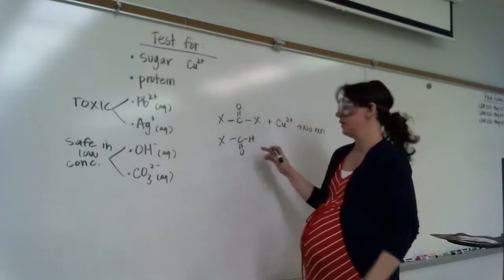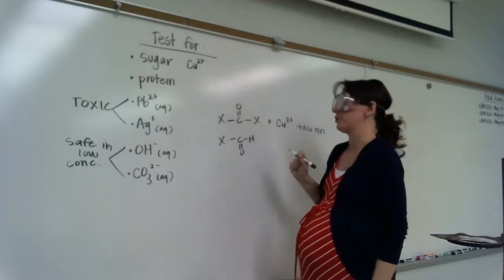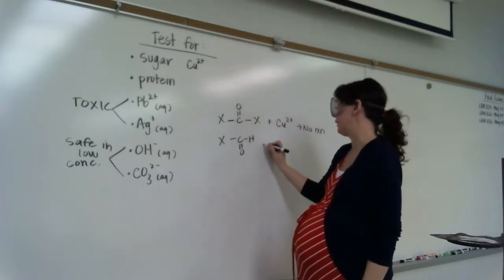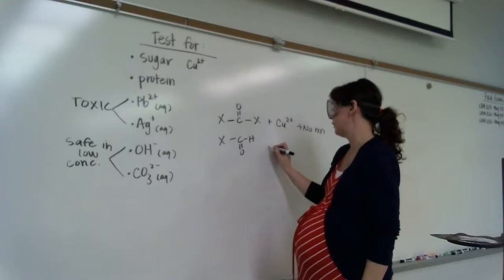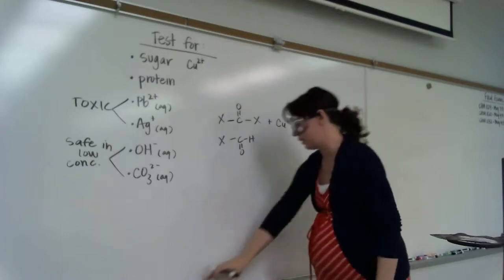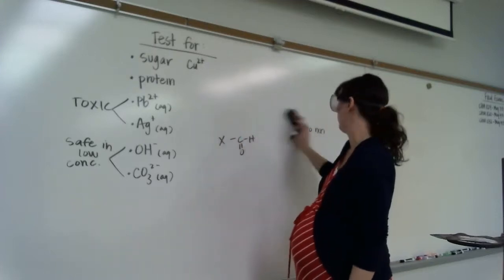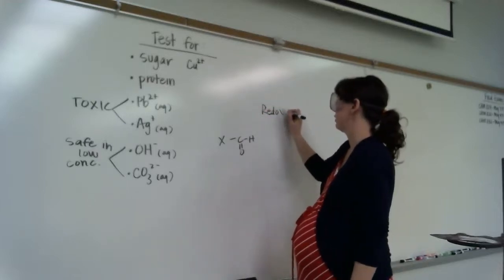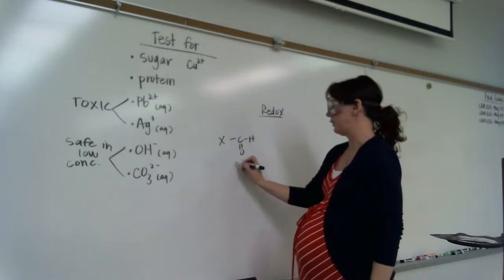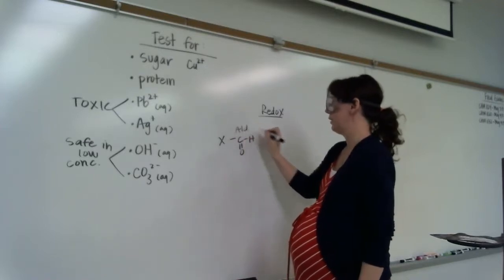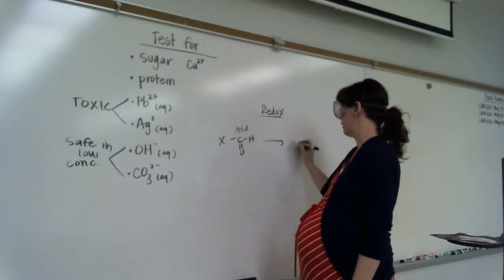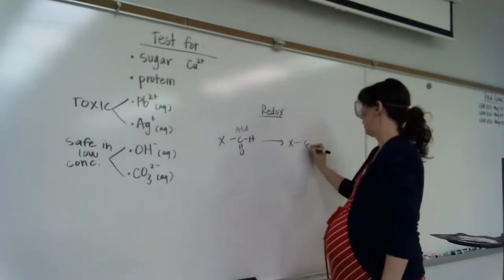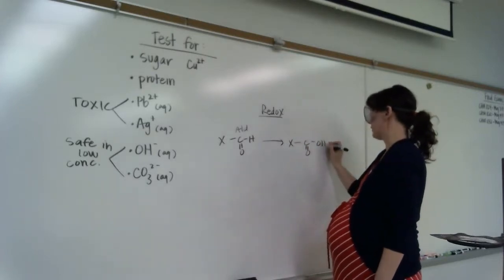as chemists, that would be present in a biological source, if we react them with Cu2+, here's what happens. This is called an oxidation reduction reaction, or redox. A redox reaction occurs where the aldehyde is oxidized to a carboxylic acid.